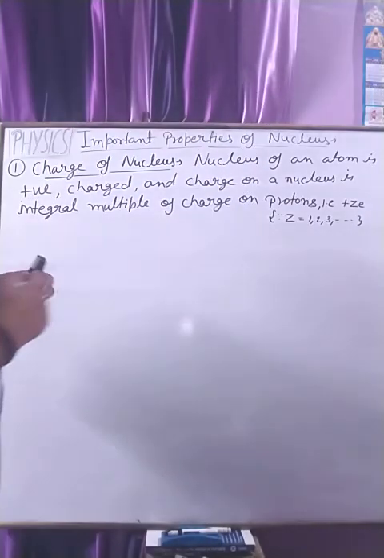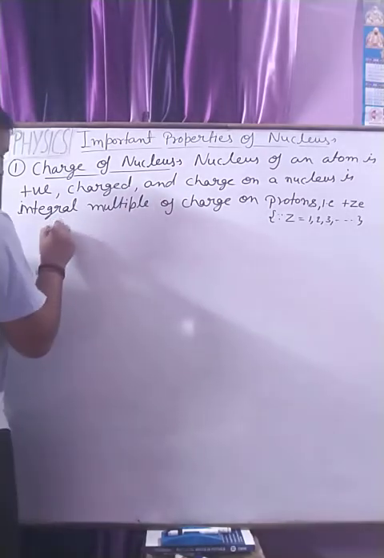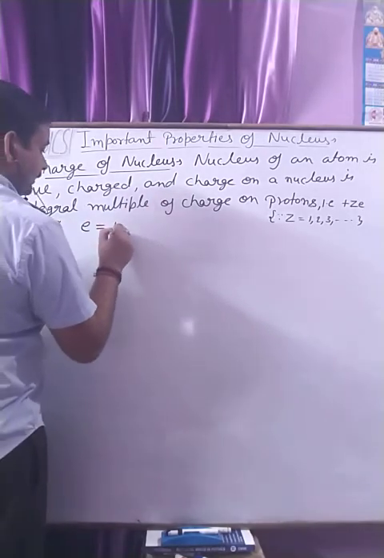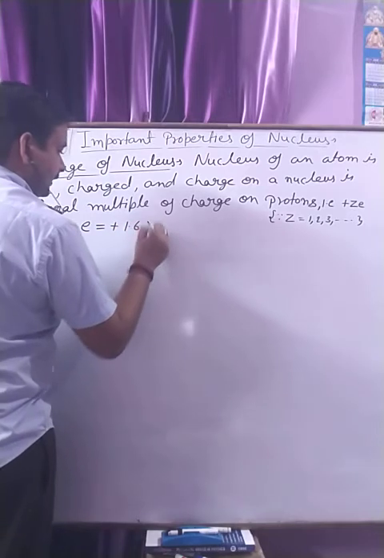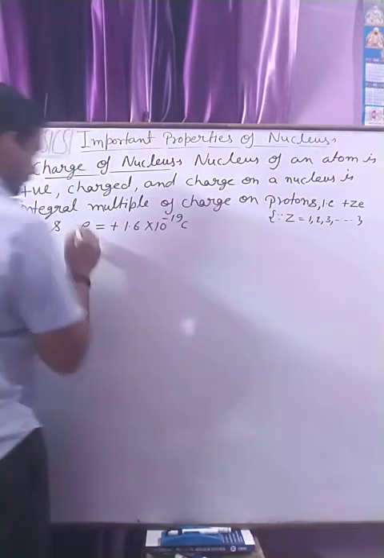Z is the number of protons. Okay, and we know that the charge on a proton is plus 1.6 into 10 to the power minus 19 coulomb.